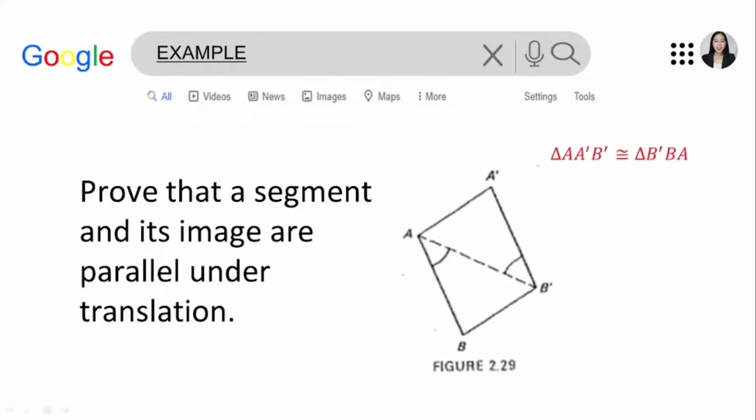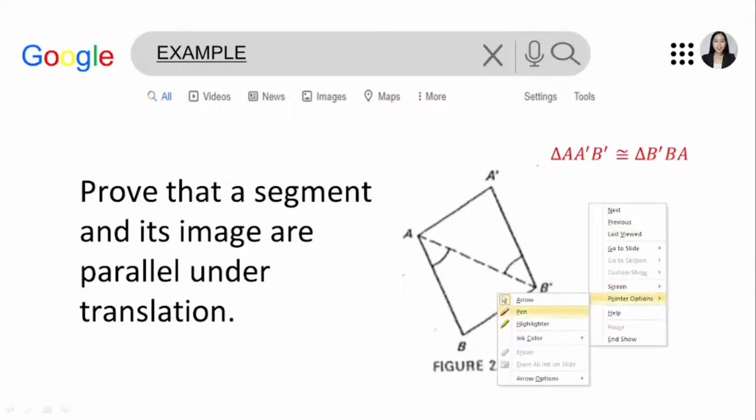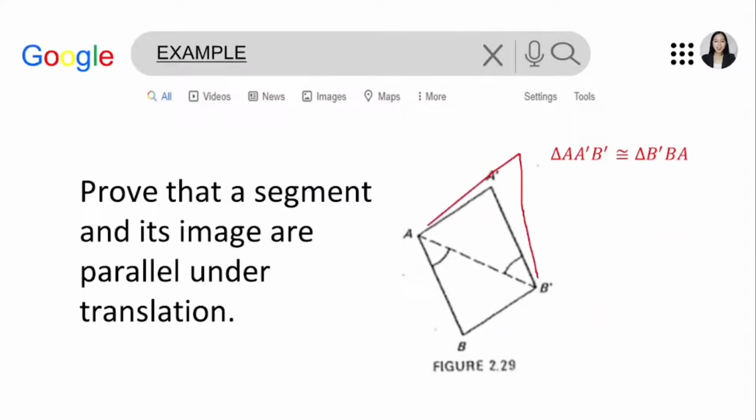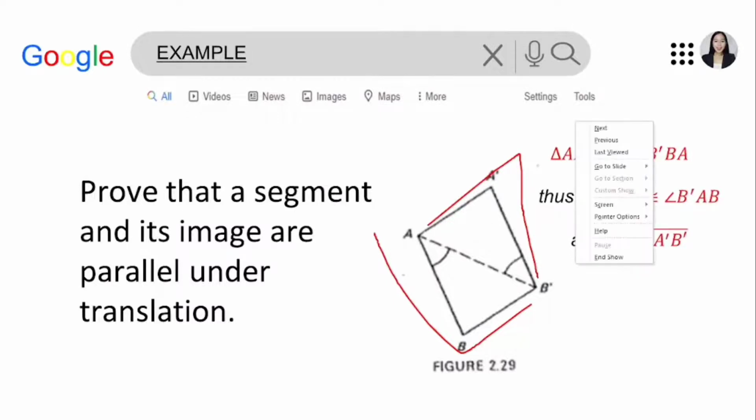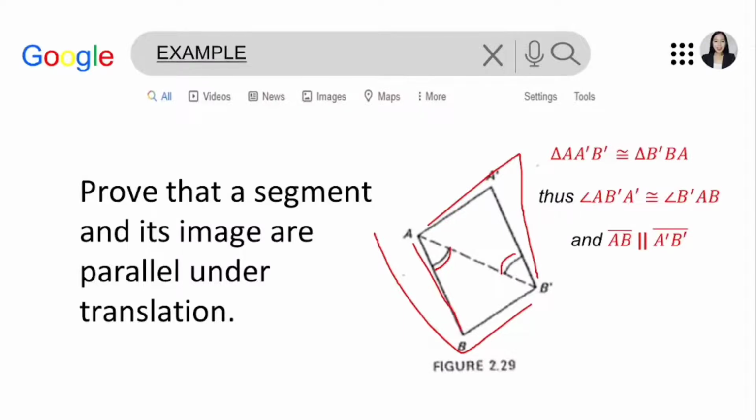In figure 2.29, triangle A A prime B prime is congruent to triangle B prime B A. Thus, angle A prime is congruent to angle B prime AB, and line segment AB is parallel to line segment A prime B prime. So the images are parallel.